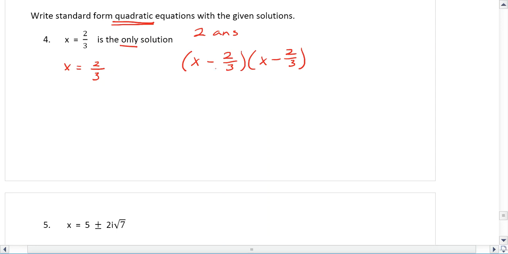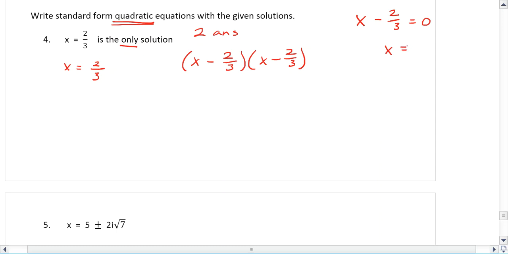I do not like working with fractions. Some of you do. You can go ahead and FOIL this if you want to. However, I'm going to look at this x minus 2/3, set it equal to 0, and I'm going to solve for x. I'm going to get rid of this fraction. So first I'm going to add a 2/3 to both sides.